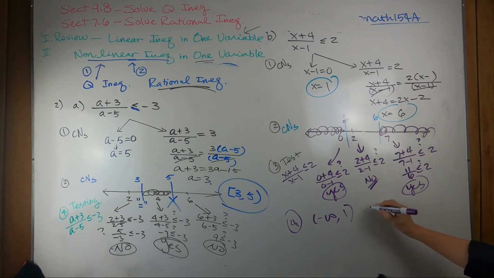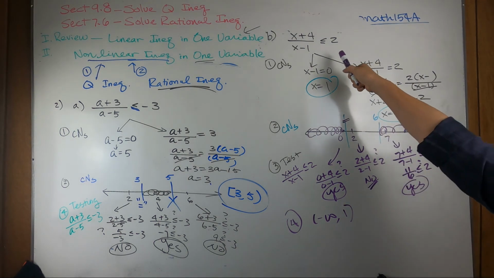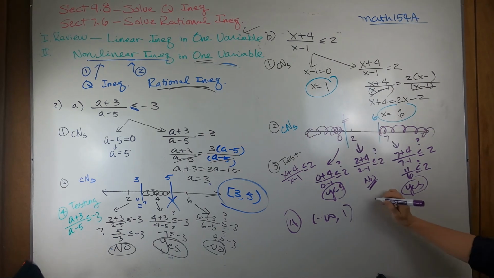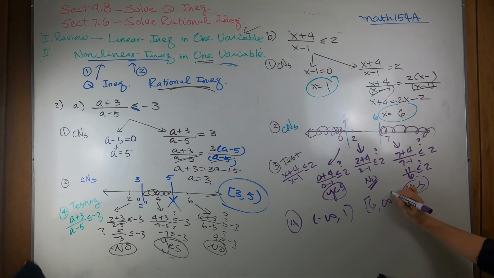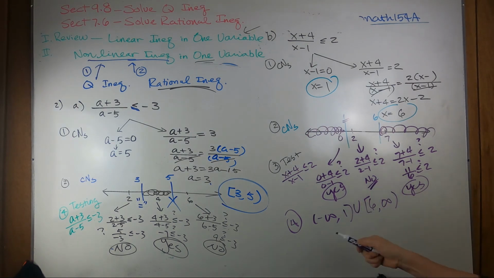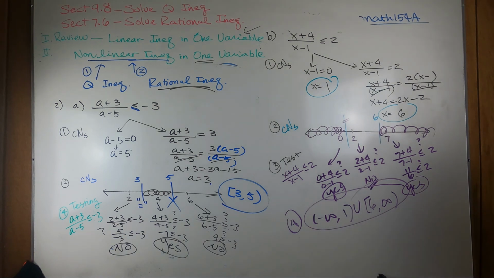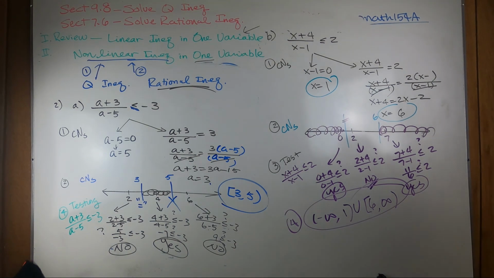How about this one, 6? You plug in, that's 2, 2 equals 2. So it's okay to include 6, all the way to infinity. Then you use the union sign in between. Okay, so that would be your answer.